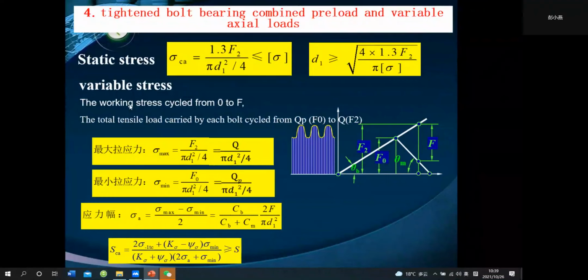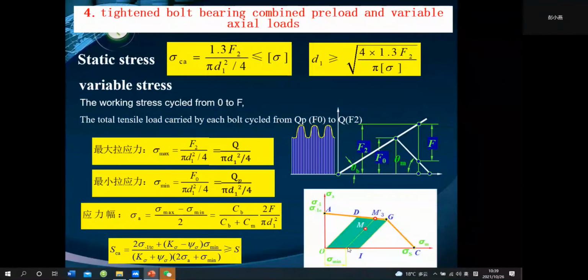The minimal stress is when the working stress is 0. Okay, it's 0. So the minimal stress is F0. F0 is the preload. So the preload is constant.